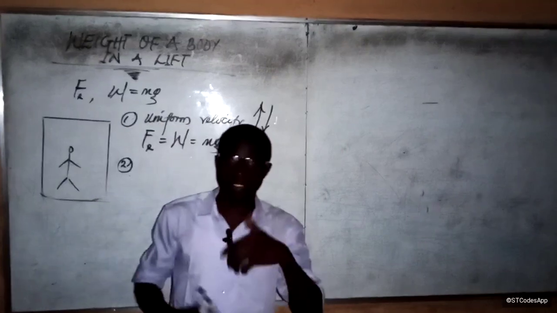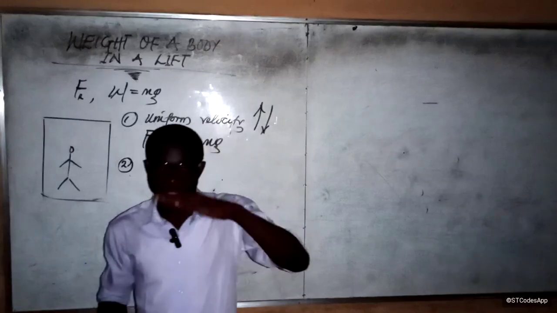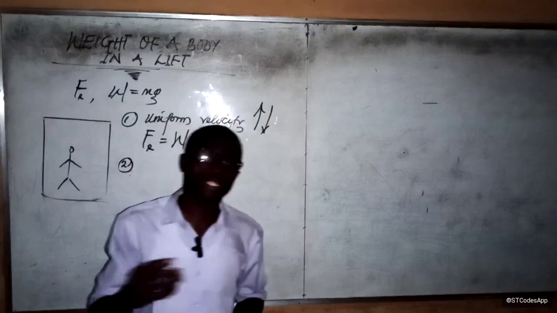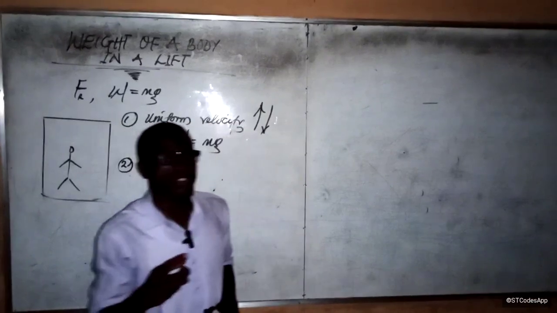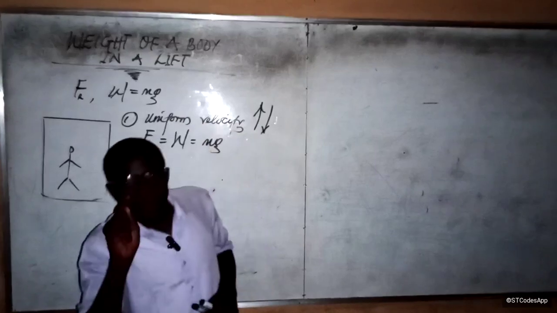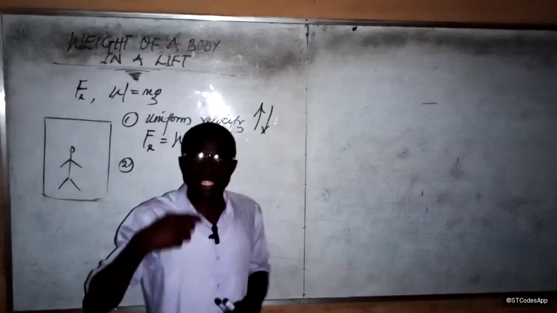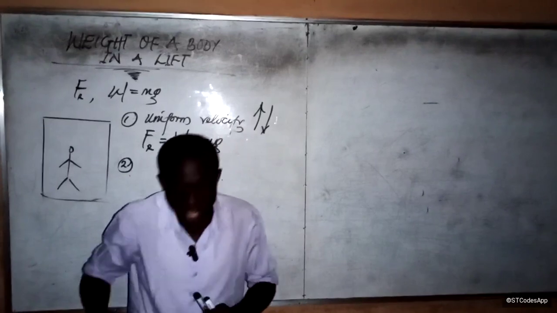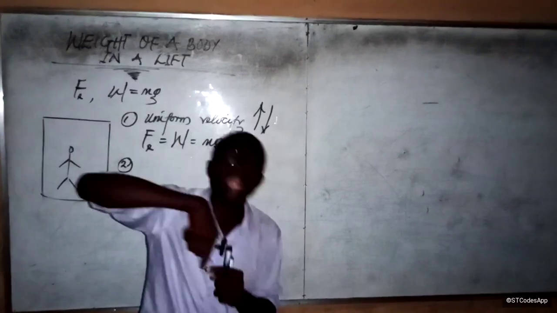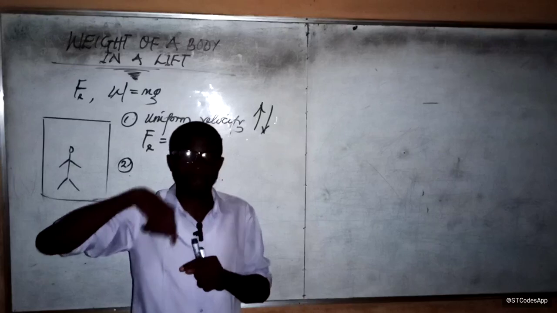So if you are in a lift, for example, and you are going up, you will feel heavier because of this reason. The lift is moving with a particular acceleration, coupled with the weight of your body. So there is an acceleration that is going against gravity, and then there is a force of gravity trying to push you back down.